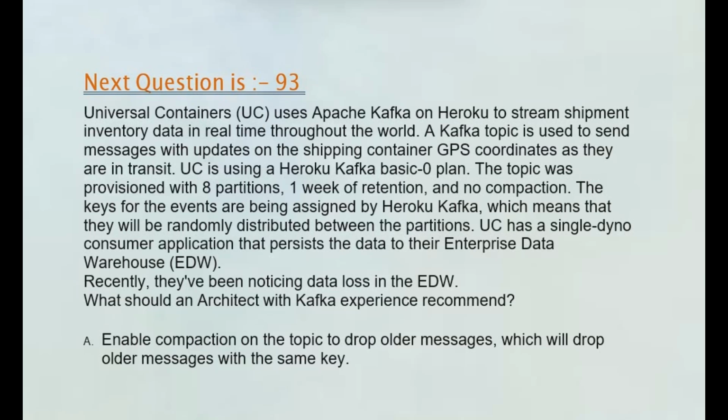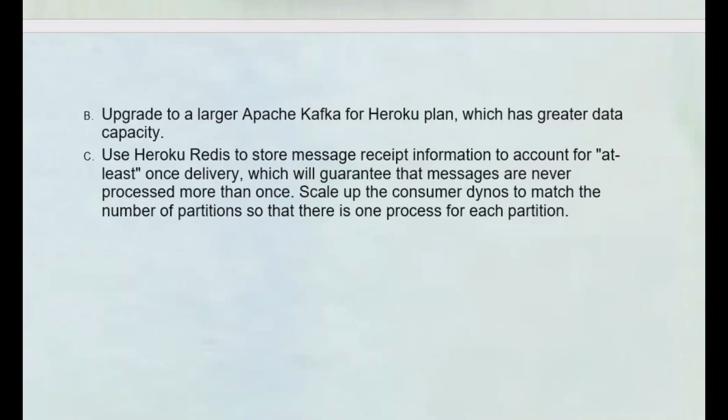Option A. Enable compaction on the topic, which will drop older messages with the same key. Option B. Upgrade to a larger Apache Kafka on Heroku plan, which has greater data capacity.